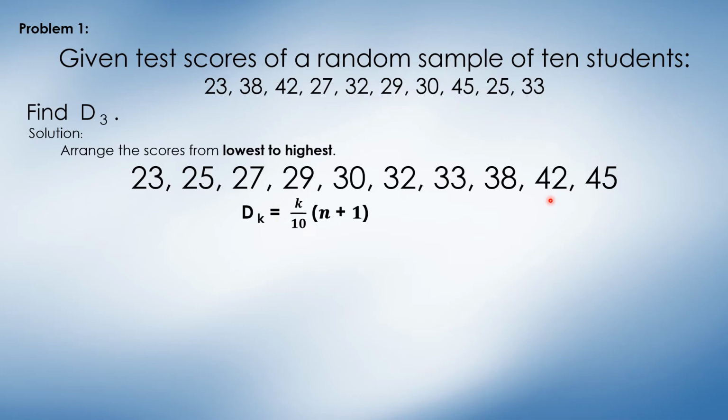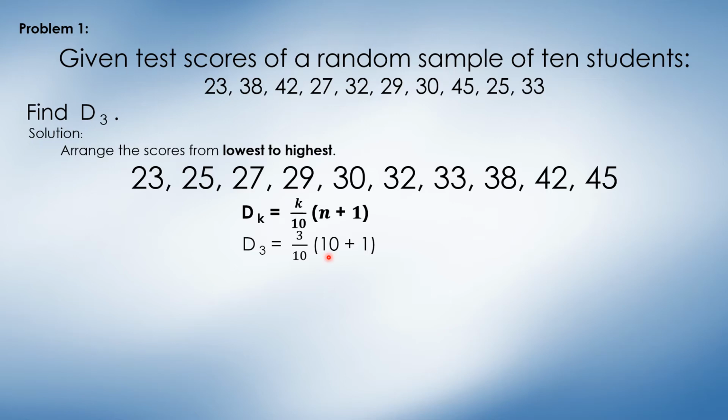Now is the time to use our decile formula. D sub k is equal to k over 10 multiplied by the sum of n and 1. By substitution, the value of k here is 3 because we are looking for the third decile. So we now have 3 over 10 multiplied by the sum of n and 1.